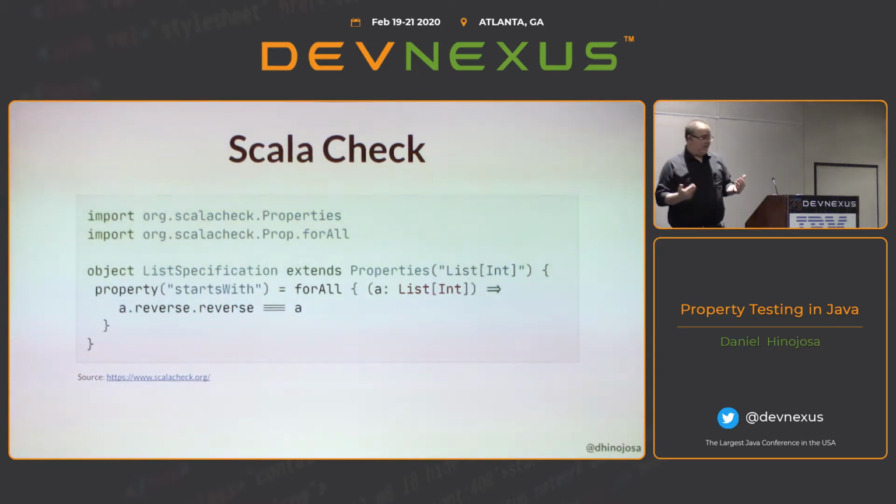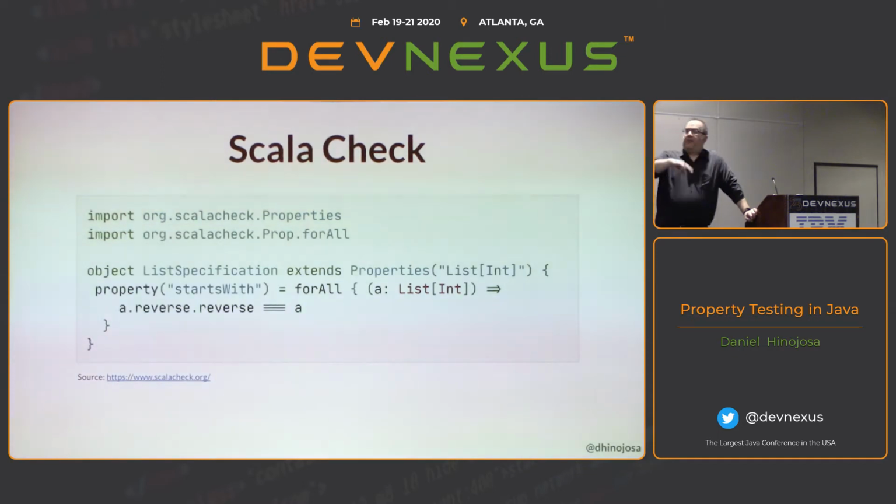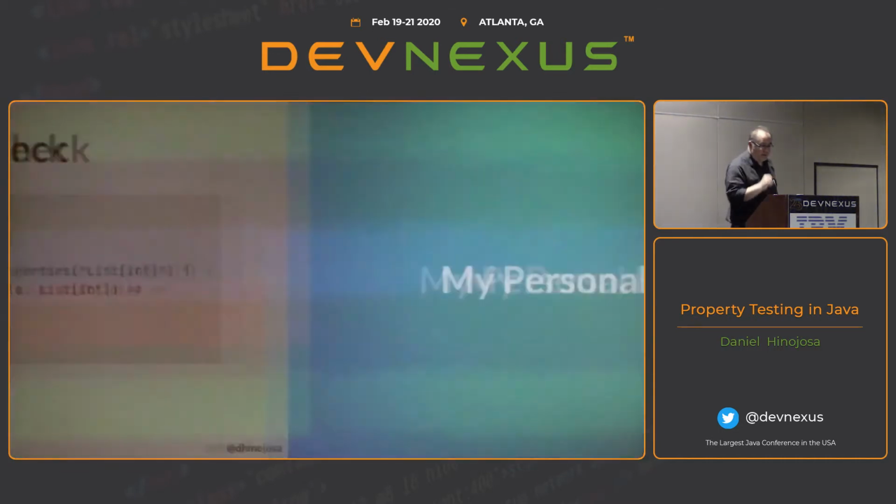The forAll says, hey, give me a boatload of list events and plug them in here. And here's a wonderful property: if I do a reverse of a list, and then do the reverse of that again, then I should get that same list. And there's my assertion. Booyah! So that's where things started.